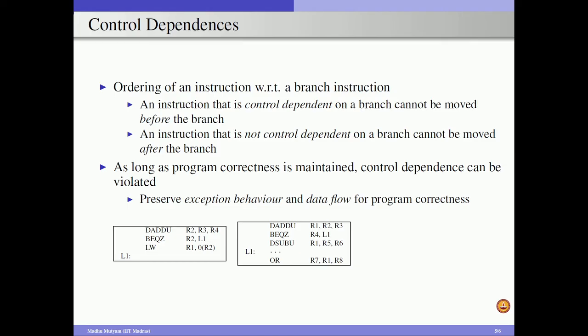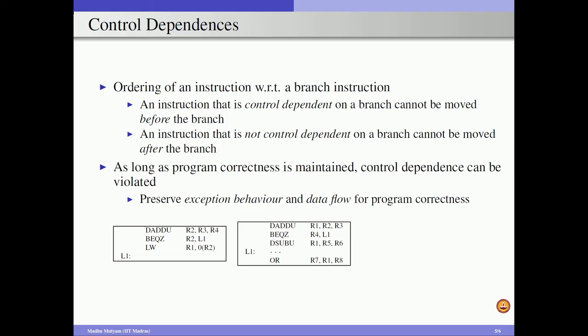As a result, whatever value was written by the add operation will be overwritten by the subtract operation, and even when the condition in the branch is true, we are actually taking the value supplied by the subtract operation, and that is not correct according to the program. According to the program, if the condition is true, then we have to get the value supplied by add as an input to the OR instruction, and if the condition is false, then we have to get the value supplied by sub as an input to the OR.